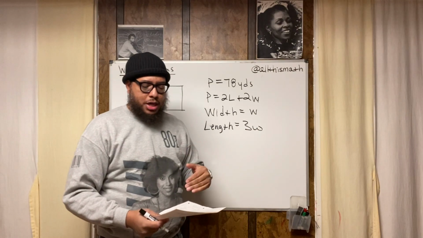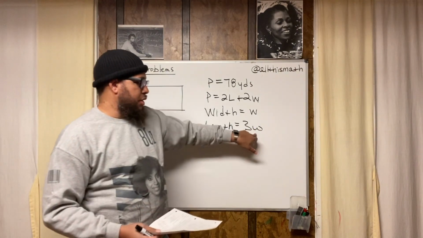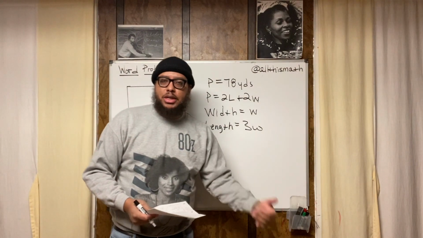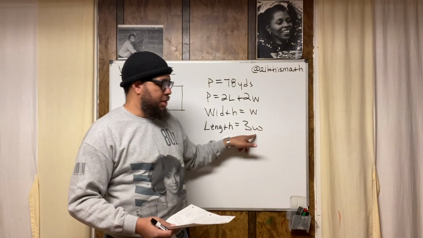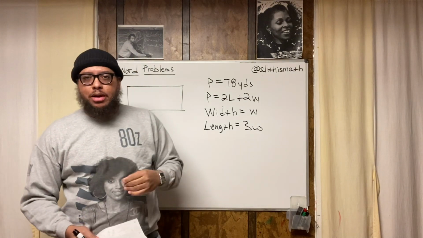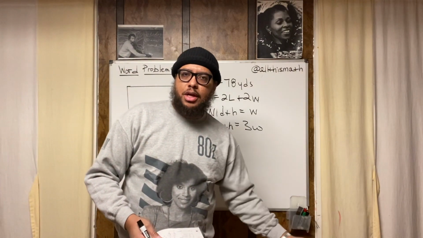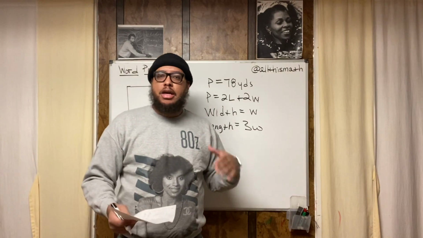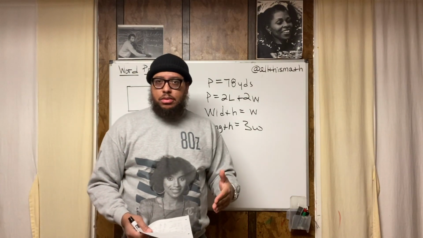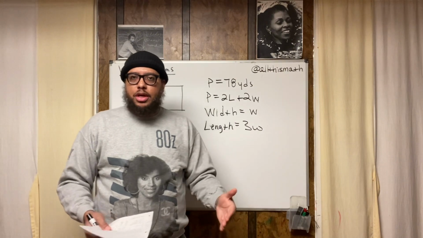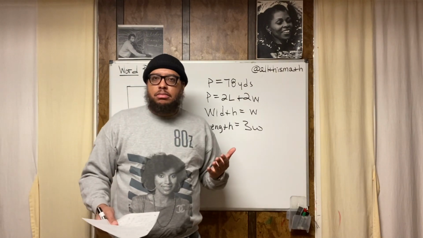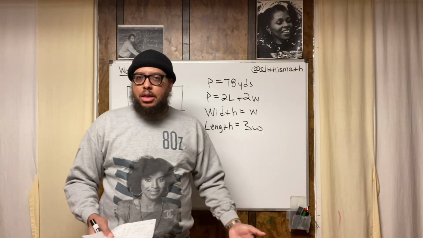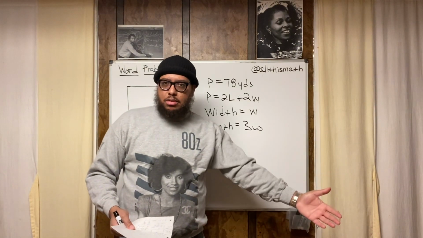But then it also says 1 yard shorter than this. So 1 yard shorter means you're going to subtract 1 from this. So whenever you see a word problem and it says shorter than, less than, 1 year younger than, that means you're subtracting 1, right? I mean, think about it. If I'm 6 feet tall and somebody is 1 foot shorter than me, how would I figure out their height?